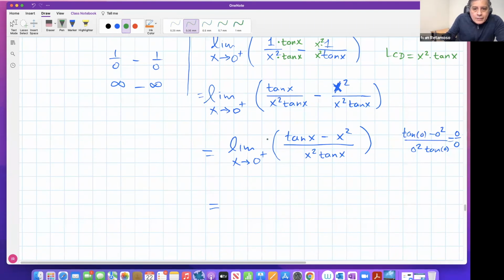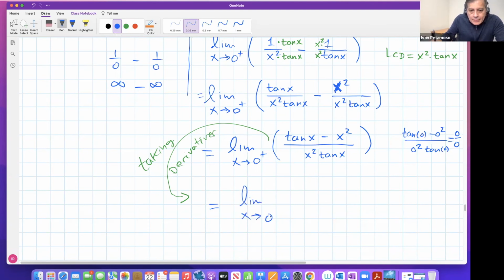So L'Hopital's rule says take derivatives of numerator and denominator respectively. We get the following. Limit as x approaches 0 from the right of the derivative of the numerator, which is the derivative of tangent, secant squared, minus the derivative of x squared, twice x.